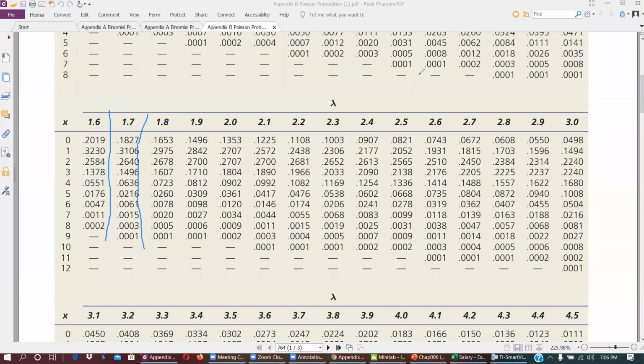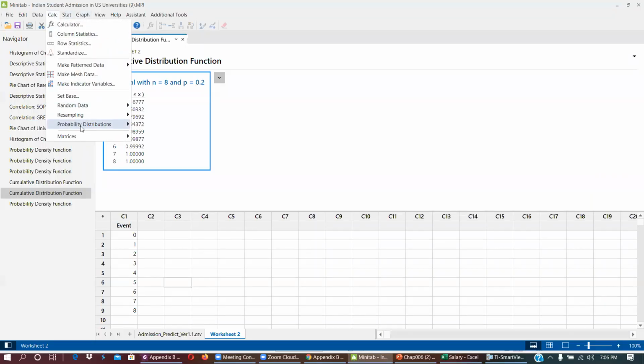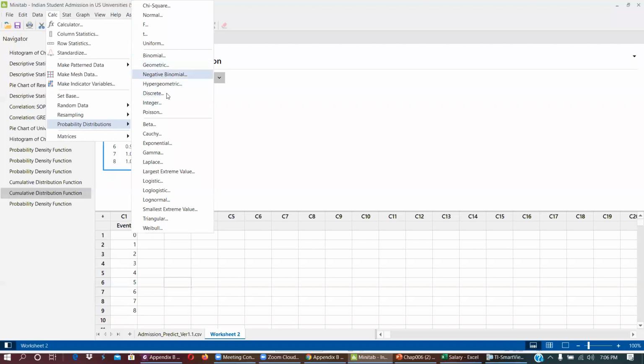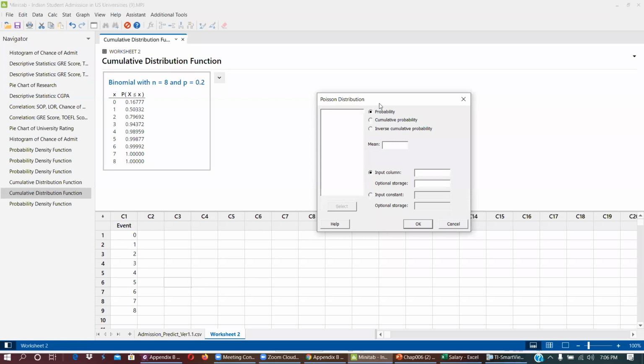How can I do it on Minitab? Let me do it on Minitab. Here I go under calculate probability distribution. Here we go to Poisson distribution. I would like to do the probability, mean is 1.7.